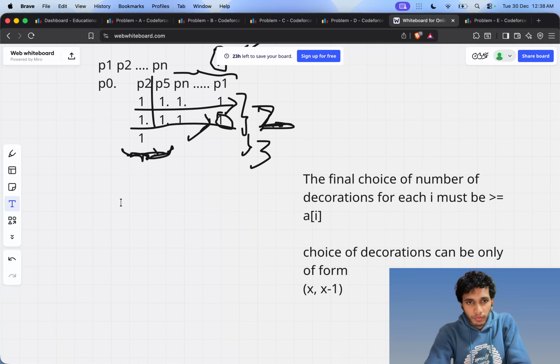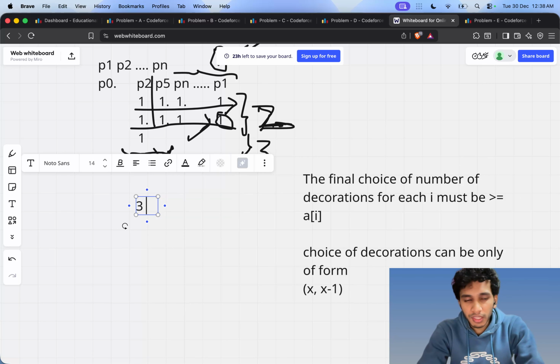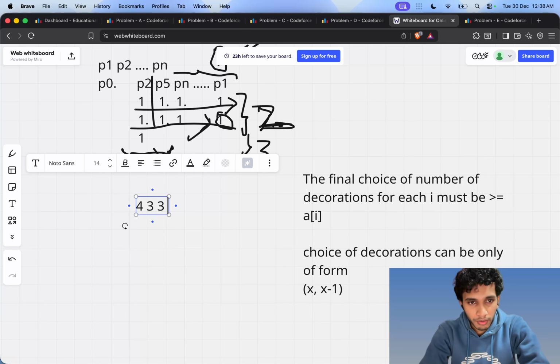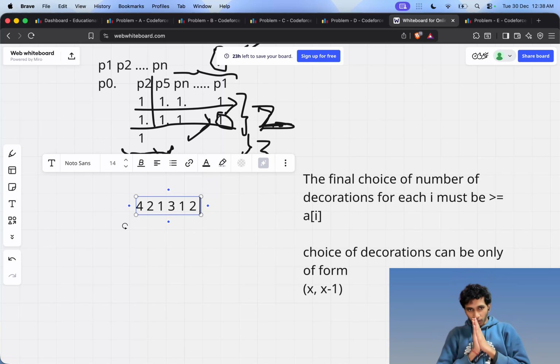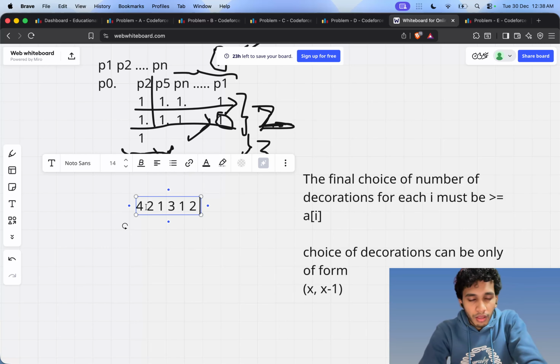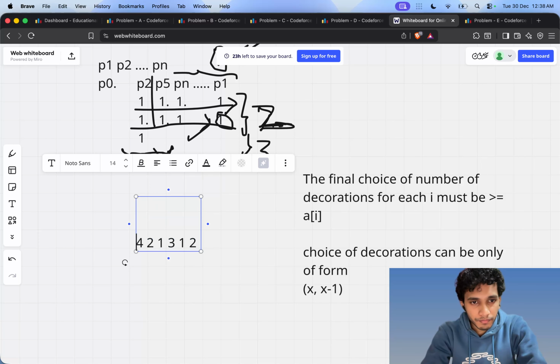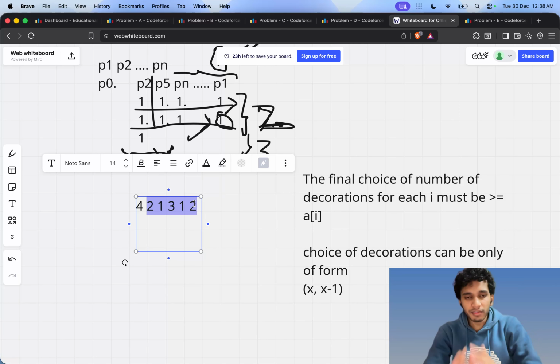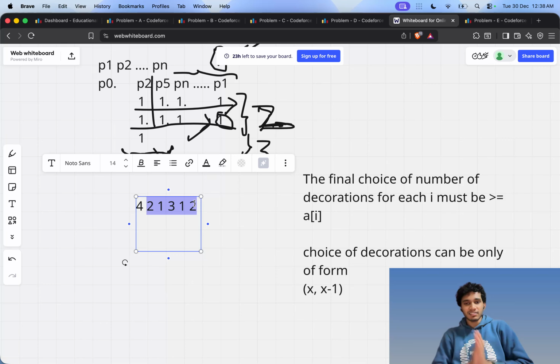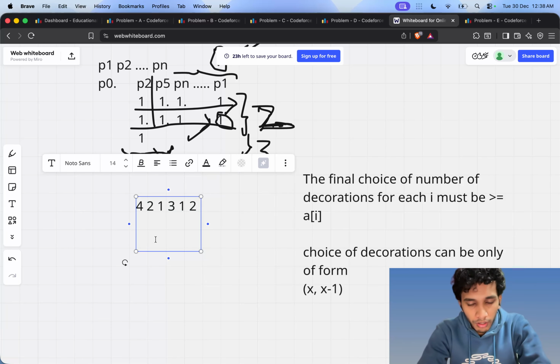Let's say the highest number is 3, or let's say it is 4. So every other number, let's say we have 2, we have 1, we have 3, then 1 and 2. Then P0 must be sufficient so that all these numbers get the choice to pick up at least 3 decorations.